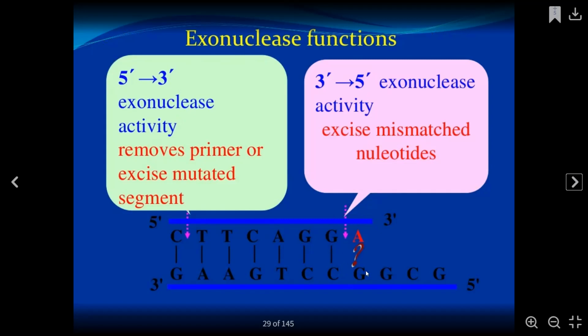You know very well that G has to bind with C, not with A, so this kind of removal of the nucleotide is performed by these enzymes. If there is any mismatch or mutation, a sudden change in the sequence, this can be repaired, removed, or excised by this particular enzyme.